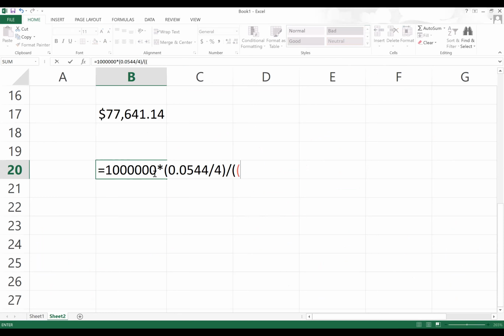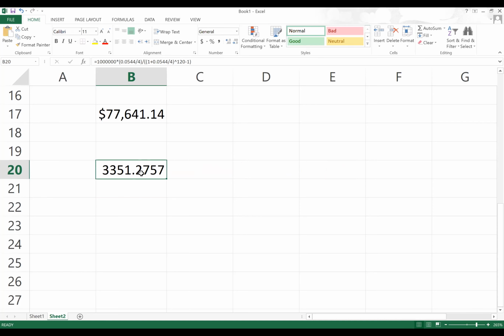That's going to be open parentheses 1 plus 0.0544 divided by 4, raised to the 120th power, because 30 years times 4, yes, 120th power, minus 1. And we close the parentheses and get this.